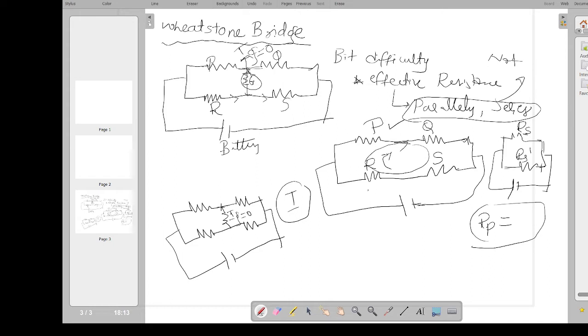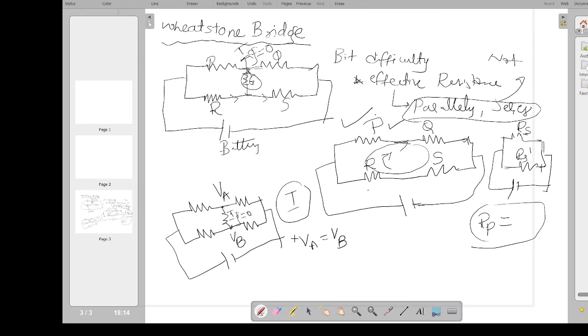This is possible only when the potential at this point, that I am calling Va, and the potential at this point, that we are calling Vb, are equal. See, current flows only when there is a potential difference between 2 points. So if the potentials Va and Vb are equal, then the current will become 0. Once the current becomes 0, I can easily find out the current flowing through this circuit.